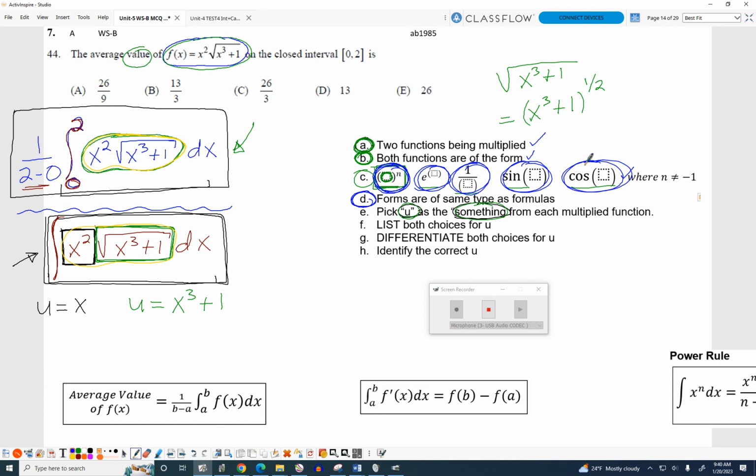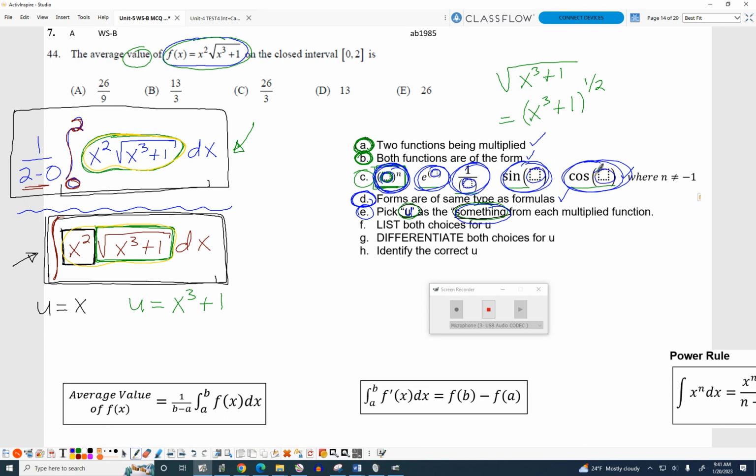The forms are basically the same thing, just a little more flexible. So item D is fine, that's just a way for me to remember. Item E, I'm supposed to pick U, I don't really know why yet because I haven't explained that, to be the something. Well, what's the something? It's right here. Something to a number. E to the something. 1 over something. Sine of something. Cosine of something.